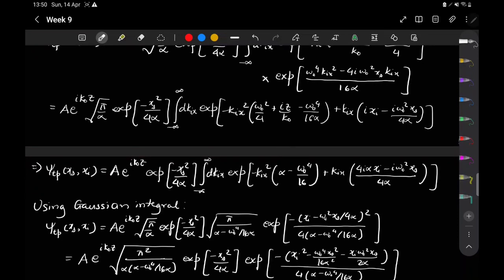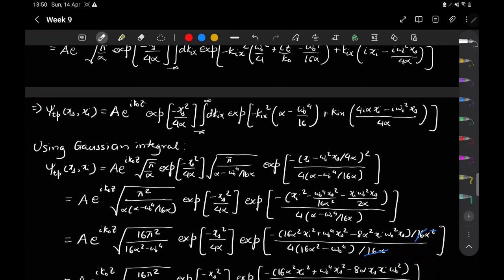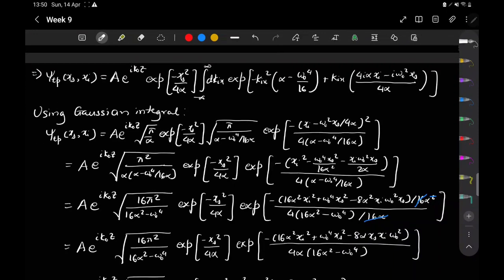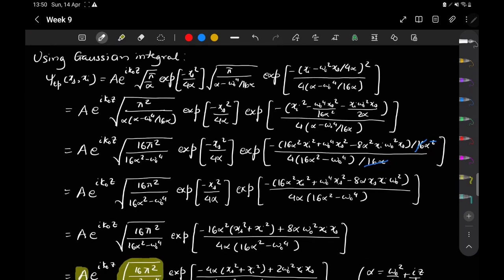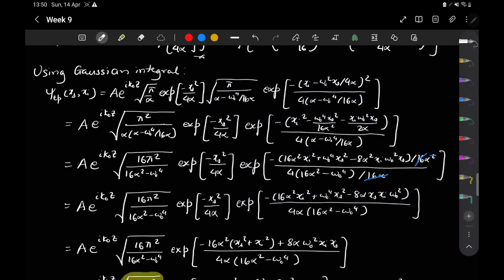Now once again we will make use of the Gaussian integral to evaluate the kix integral. And after making use of the Gaussian integral, we have the expression for psi dp, which is as follows. Everything that we will do now is just a simplification. This is not really the final result, but this is the expression for psi dp.